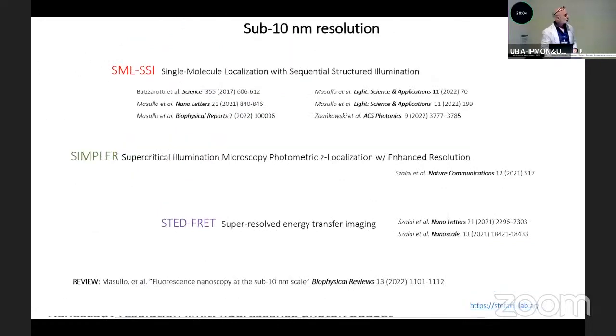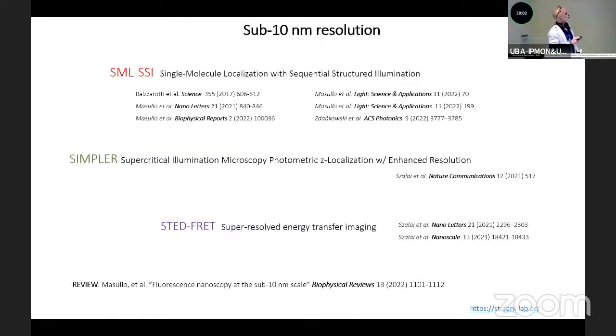And we managed to achieve this in 3 different ways. One is STED FRET, so it's a combination of FRET imaging with STED. The other one is a very simple method to calibrate a TIRF microscope and obtain the axial position of a molecule very precisely.